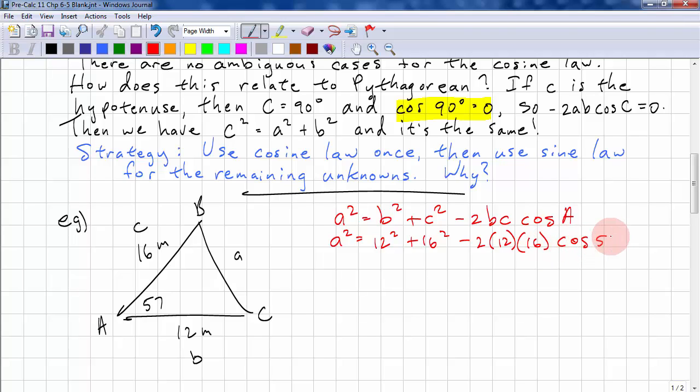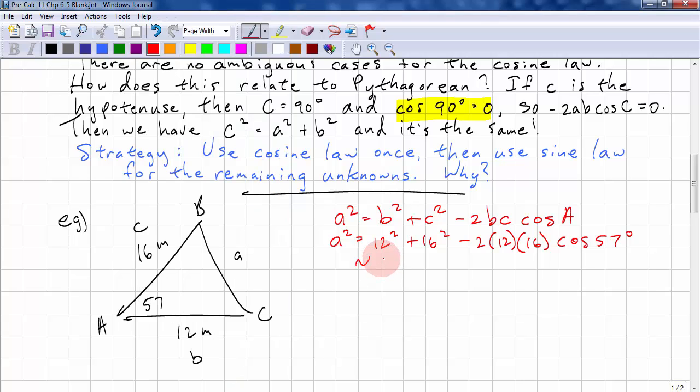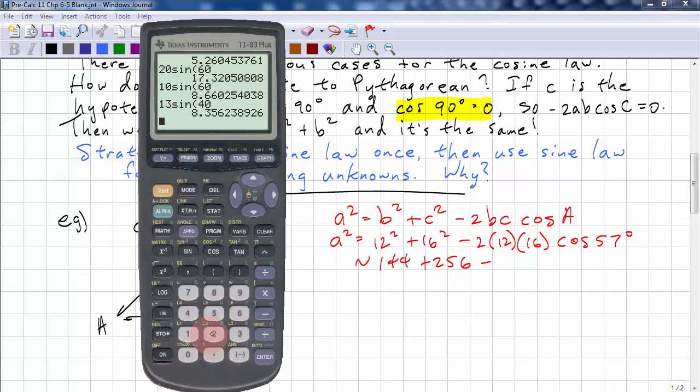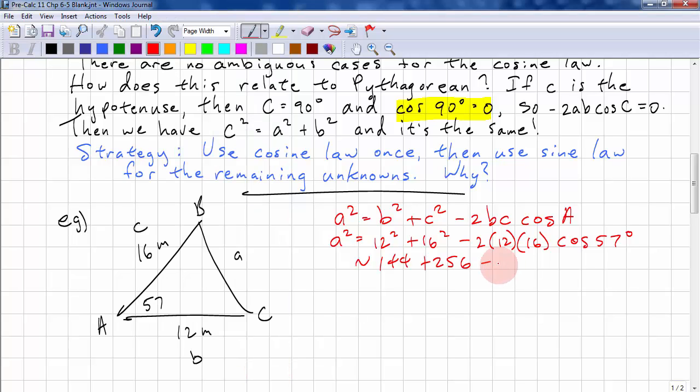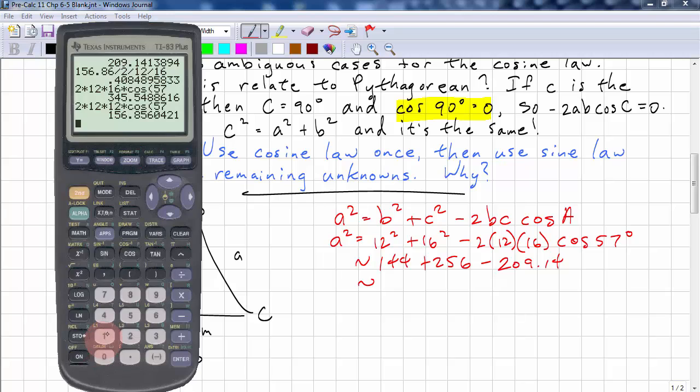Now we can plug that all into the calculator, or you can take it step by step. If you want to do step by step, this is 144 plus 256 minus, and we're going to have to approximate that on the calculator, 2 times 12 times 16 times cos 57. That's 209.14, and that is approximately 144 plus 256 minus 209.14.